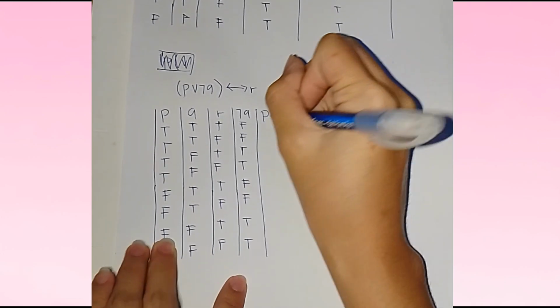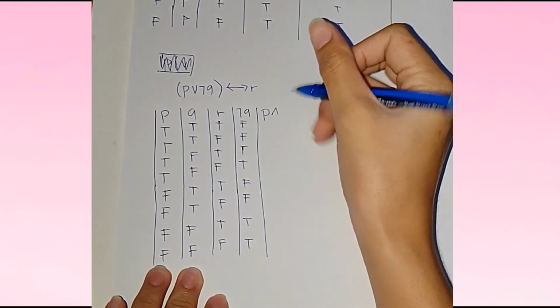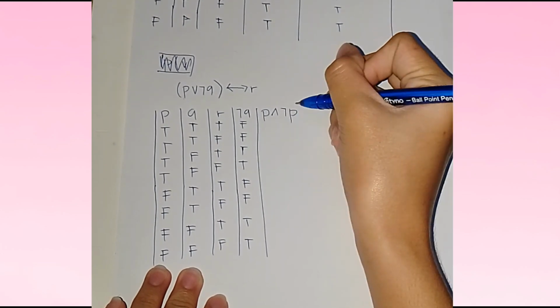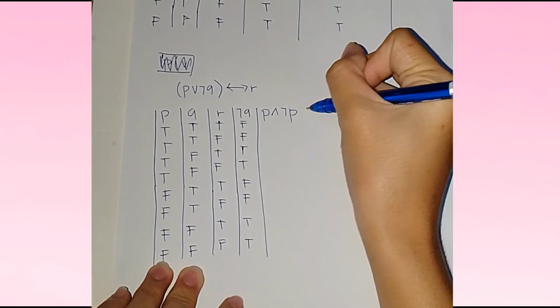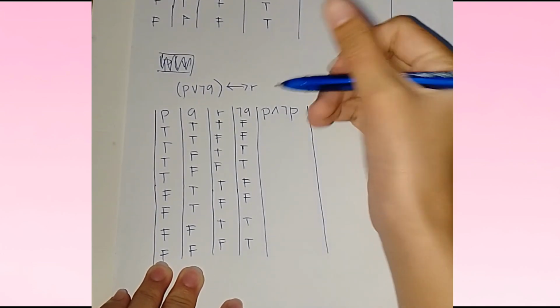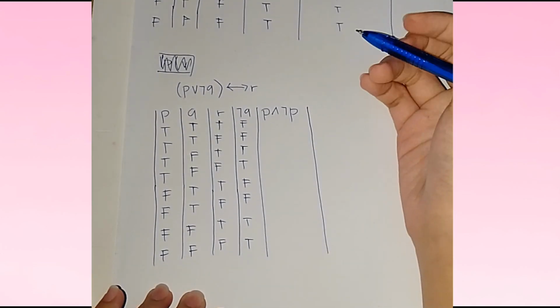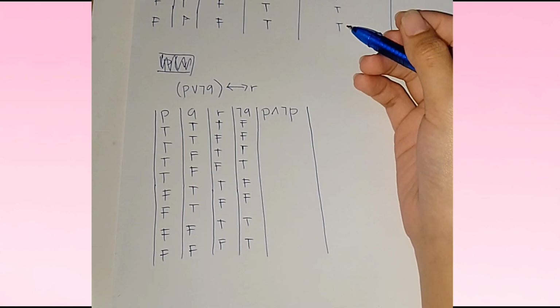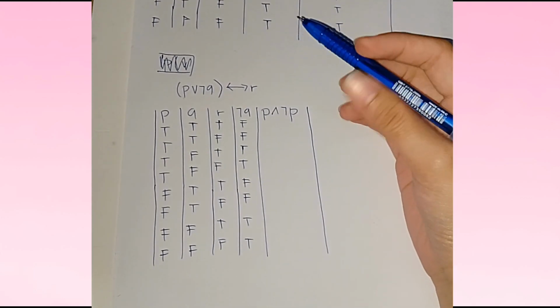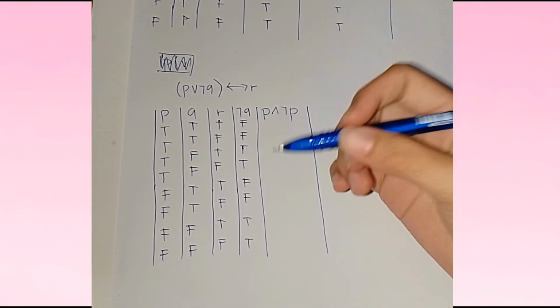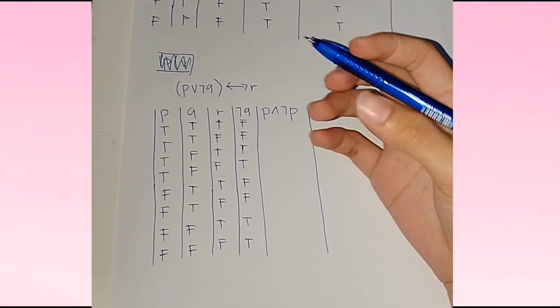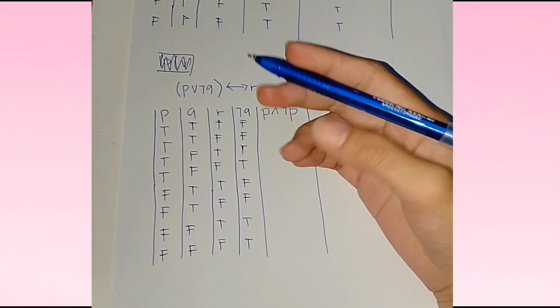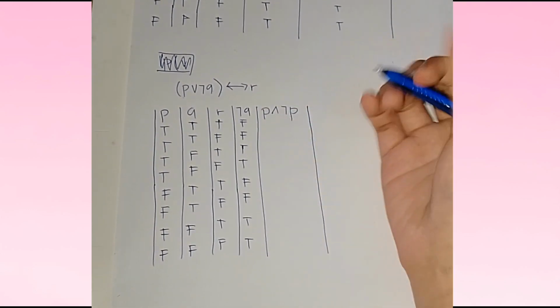In the next column, we have P or not Q. Is it right? Yes, it's right. P or not Q. So in here, we must find if there is a true present in the given columns, or look for the true to be true.